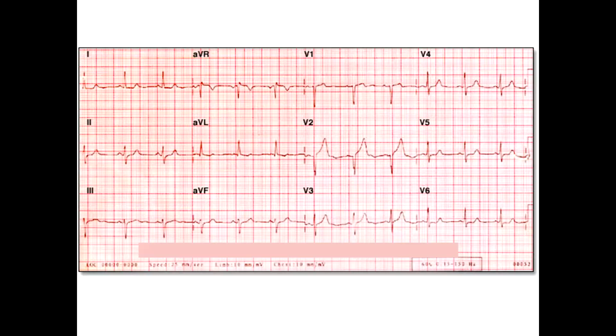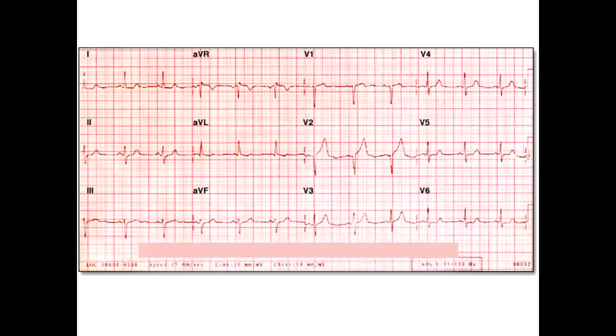Well, I like to start with each wall. So I'm going to look at the lateral wall first. I see in lead 1, AVL, V5, and V6. Lead 1, let's see here, looks like we might have about 1 small box or 1 millimeter of ST segment depression. That typically indicates ischemia.